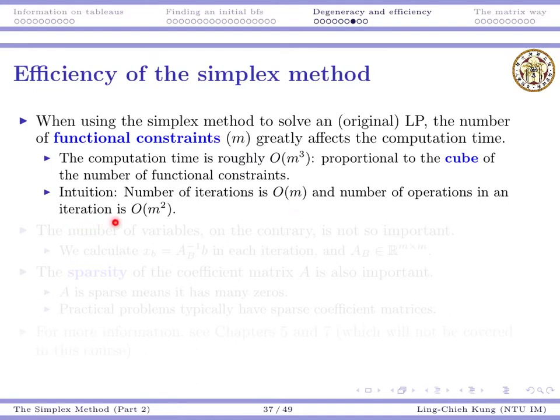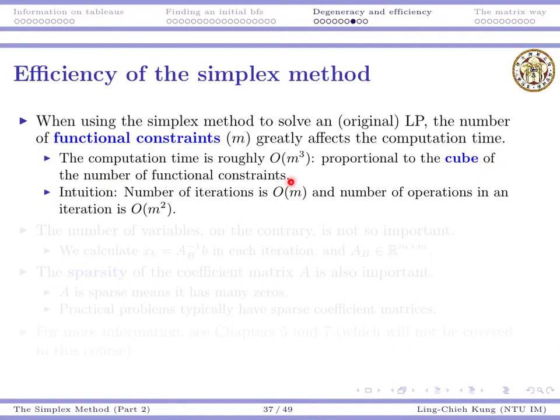And in each iteration, roughly we need m square operations to calculate everything we need. So in total, the computation time for the simplex method to solve a linear program is proportional to the cube of the number of functional constraints.